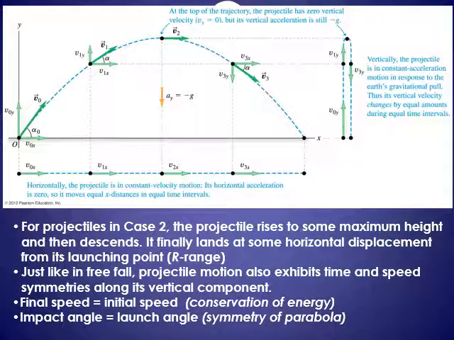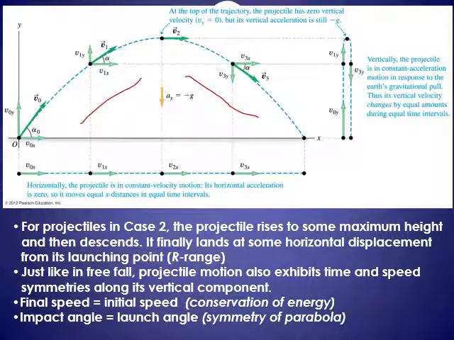Now, some more additional information for projectile case 2. Let's read these bullets. First, it says here, for projectiles in case 2, the projectile rises to some maximum height and then descends. It finally lands at some horizontal displacement from its launching point. So, most likely, as we have said, it will have usually in projectile case 2 an upward trip and a downward trip.